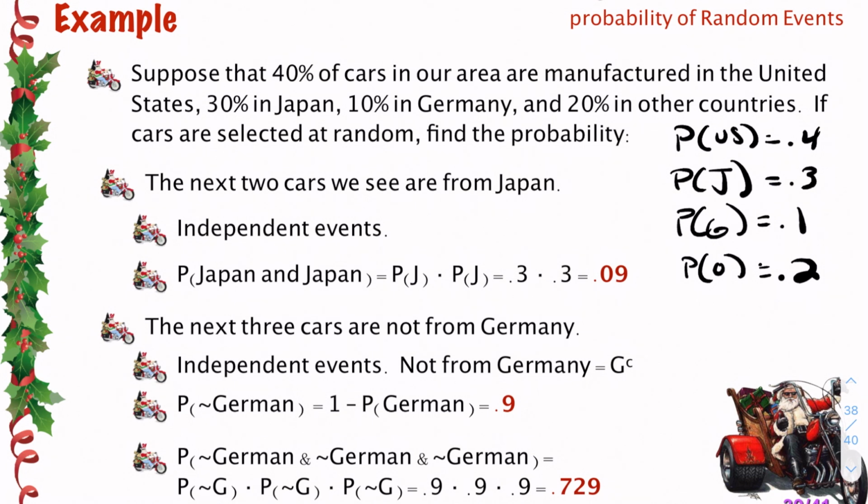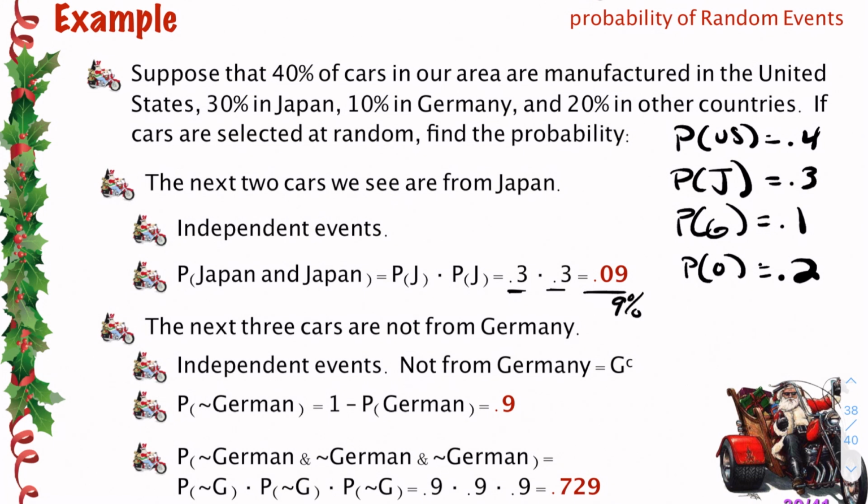Well, we can assume that cars driving down the street, one's not influenced by the other. If you see a car driving down the road, the person in front of him isn't like, oh, I got to get that car. That's not how it works. So we can assume that they're independent events. So we multiply these two probabilities, 0.3 times 0.3, which gives us 0.09, or a 9% chance.